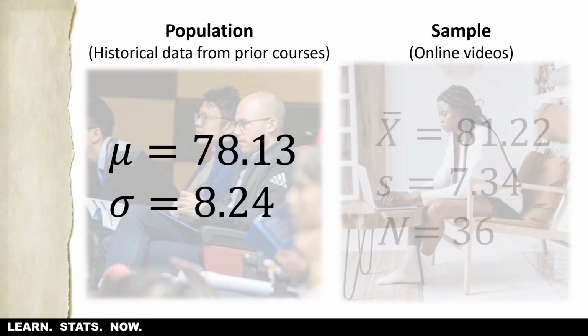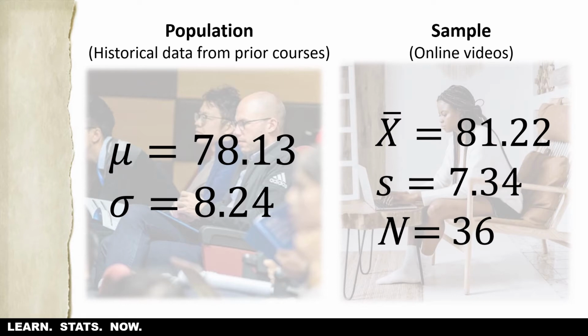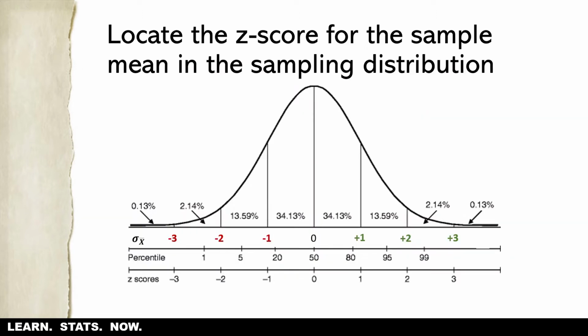If you recall, the population mean was 78.13 for the traditional classes with a standard deviation of 8.24. The sample had a sample mean of 81.22 with a standard deviation of 7.34, and there were 36 students involved. So those are the numbers, and we found a Z corresponding to 2.56.